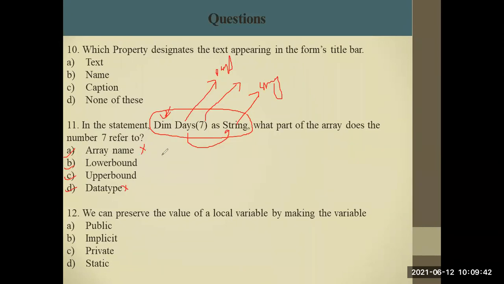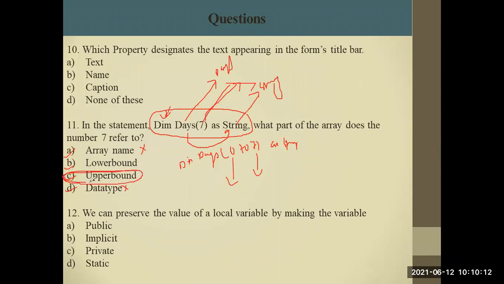As I already said, an array can be defined in two different ways. In some cases I define it like DIM days(0 to 7) as string. Now this indicates the lower bound and this indicates the upper bound. But in this case, the 7 basically indicates the upper bound of the array.